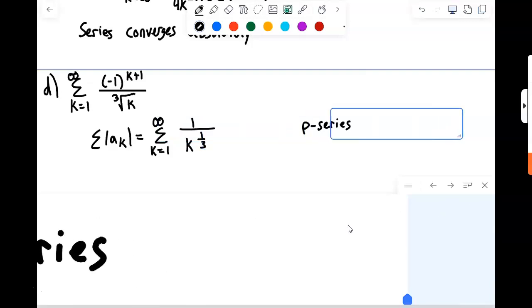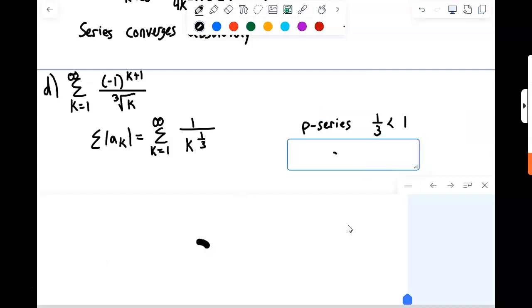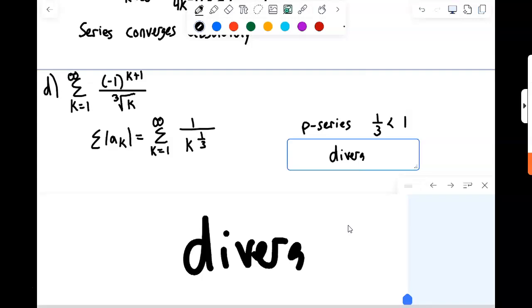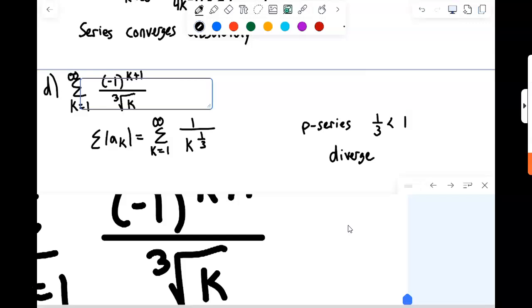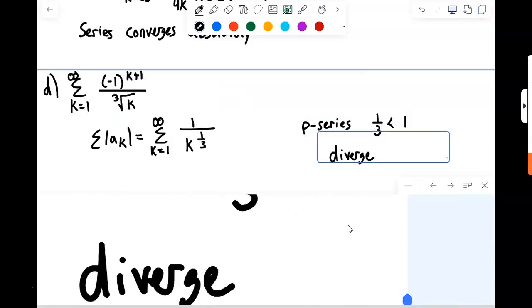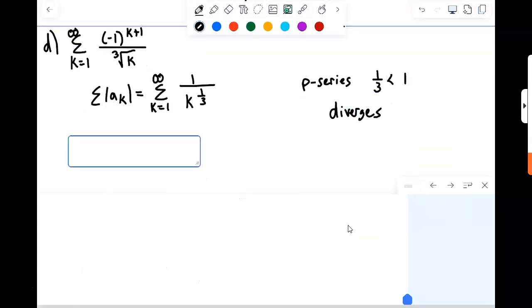And we know that the exponent is 1/3, and we know that if your exponent is less than or equal to 1 in a p-series, it's going to diverge. So the absolute one is not going to converge absolutely. The absolute value series does not work. So we know that the absolute one diverges.